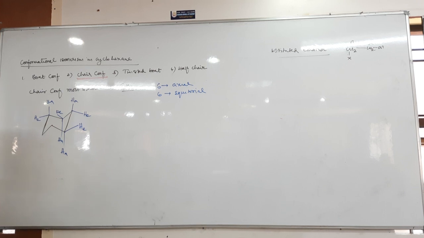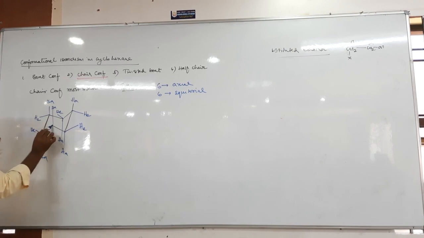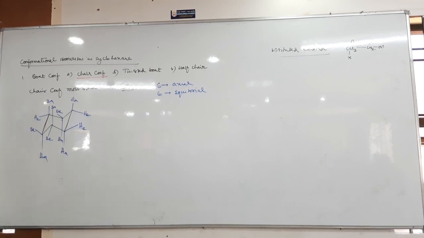Equatorial is perpendicular to the axis. See, this is along the axis, axial. This is equatorial. So there are 6 axial and 6 equatorial. Axial is along the axis, equatorial is perpendicular to the axis.